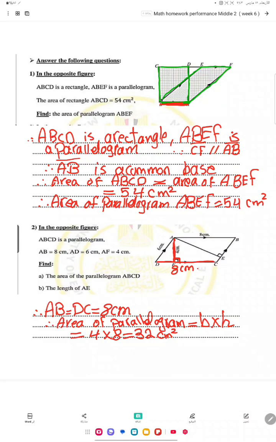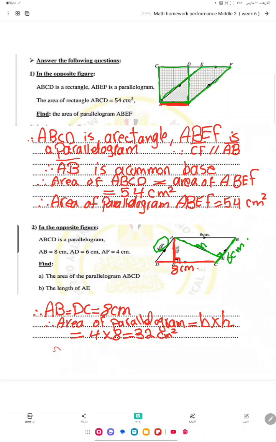Okay, look, he wants to get the length of AE. AE is the height, right? Where the corresponding base is BC. AE is perpendicular on BC, so we have to get the length of the corresponding base, which is BC. AD equals 6, so BC equals also 6 centimeter, right?